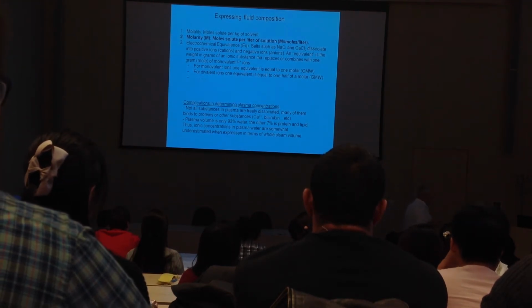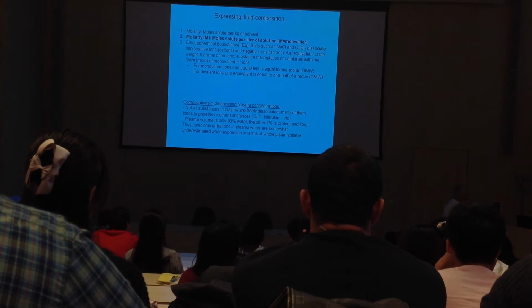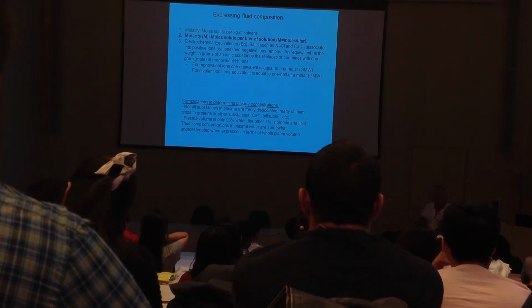You know, when I was a student, a very long time ago, in the early 80s, this was the time when we switched to SI, to the international standards, and at that time we were forced, as students, to use Pascal when we measured the blood pressure.